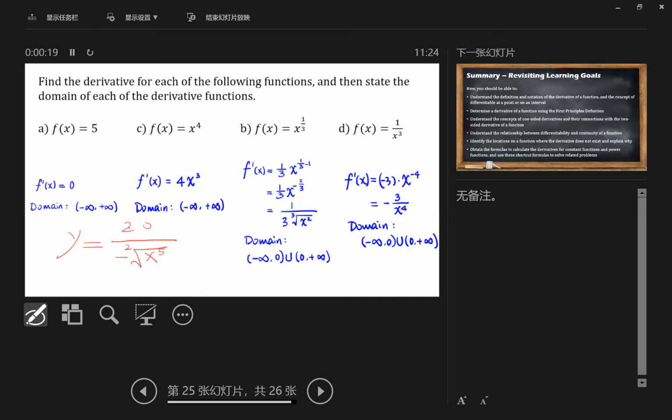You should also be able to find its derivative, okay? You understand? So in essence, this expression is also a power function, right? You understand?